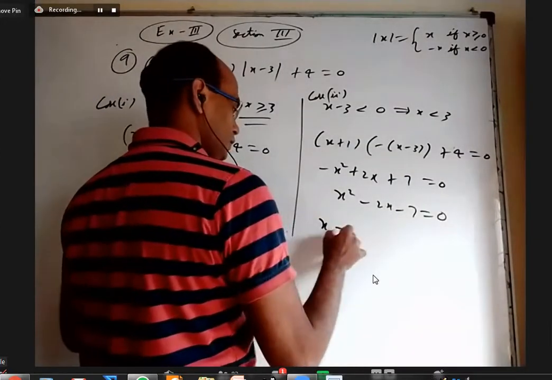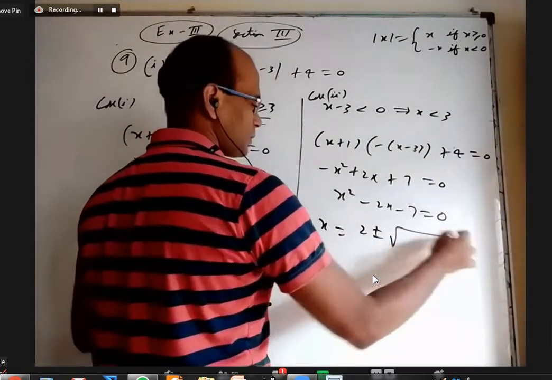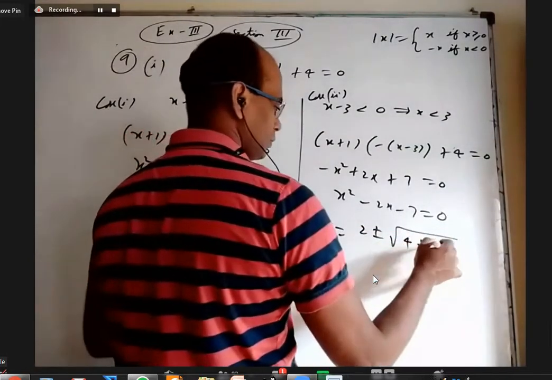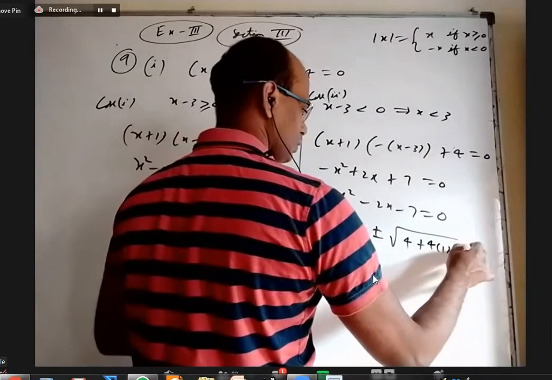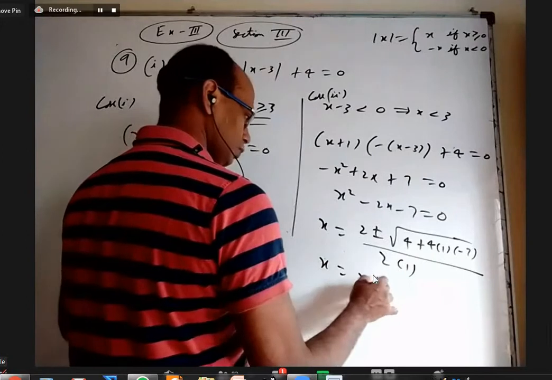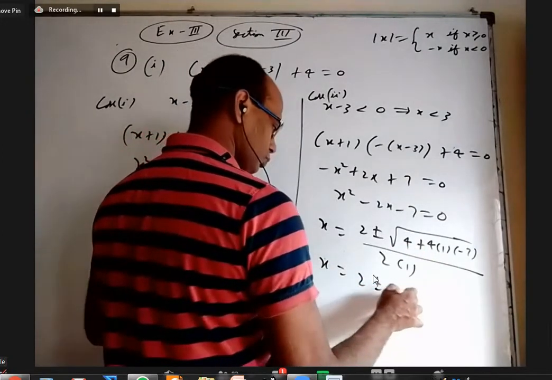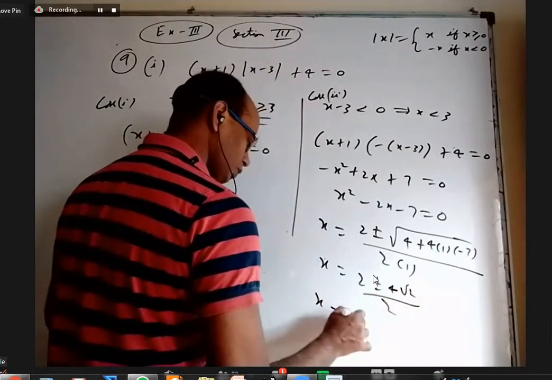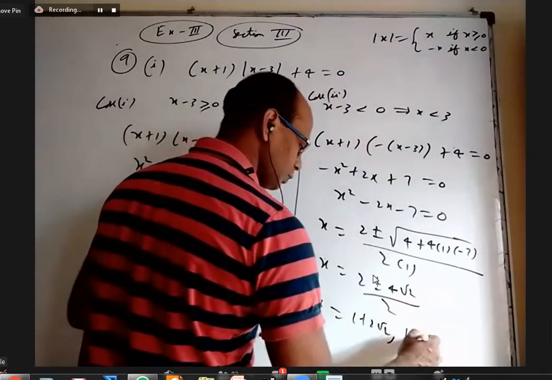So here I'll get 2 plus or minus root of b square minus 4ac, that is 4 into 7, by 2, which is 2 plus or minus 4 root 2 by 2. So 1 plus 2 root 2 and 1 minus 2 root 2.